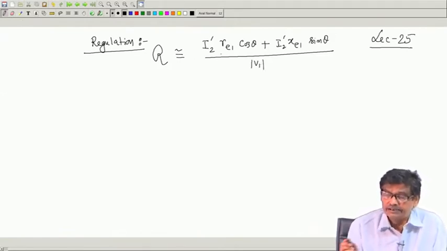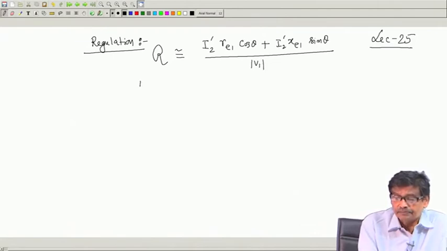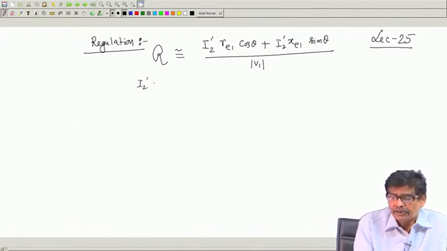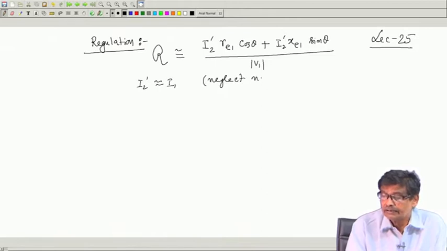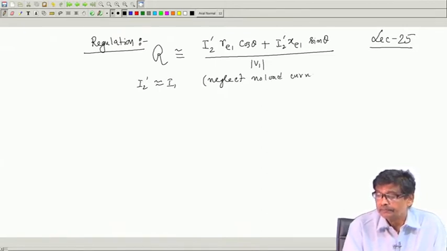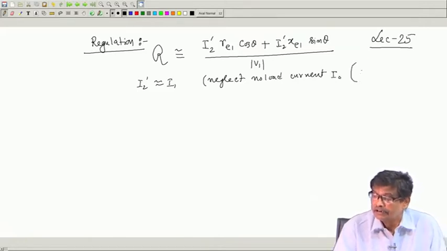What are the terms? I2 dashed is approximately equal to I1, because you can neglect the no load current I naught. Recall that I1 is the phasor sum of I naught plus I2 dashed.